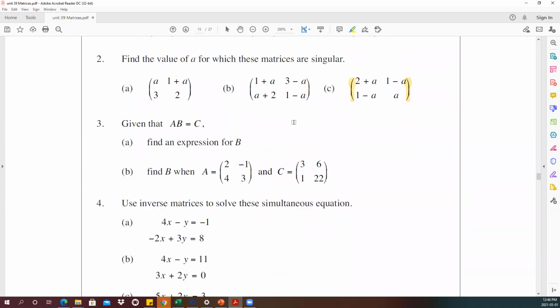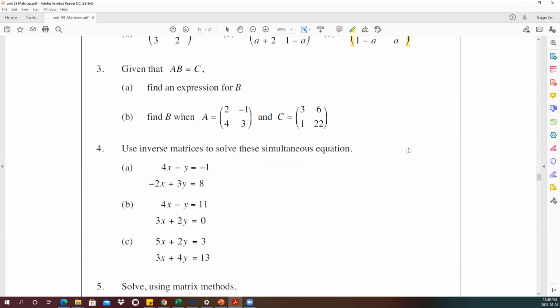Then it's find B when A is equal to this and C is equal to that. Cool. So just as I anticipated, I just want you to find the inverse of A, and that will give you the answer for B. No problem.